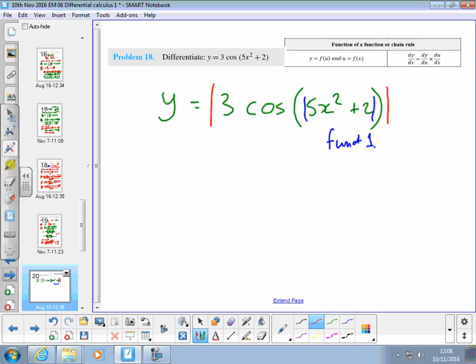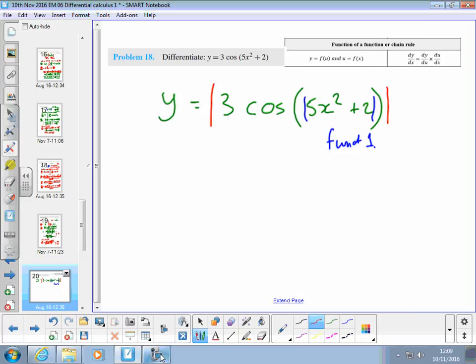It's a function of a function. You're going to use what's called the chain rule for this, and I'm going to go through this first one with you step by step.